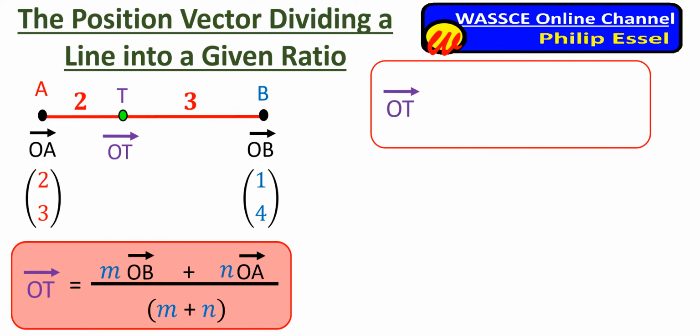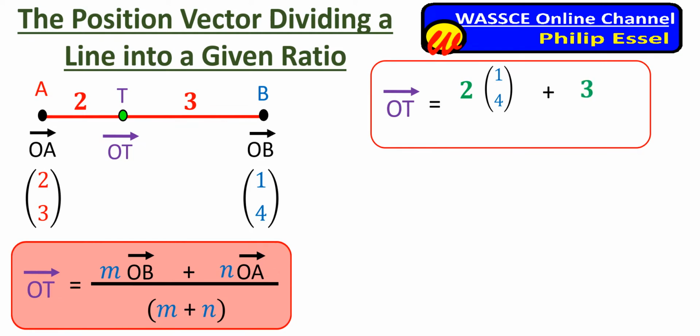So our position vector OT is equal to the first ratio 2 multiplied by the position vector OB, which is (1, 4). Remember, this is the vector on the extreme right side of the ratio 2. We then show our plus sign.